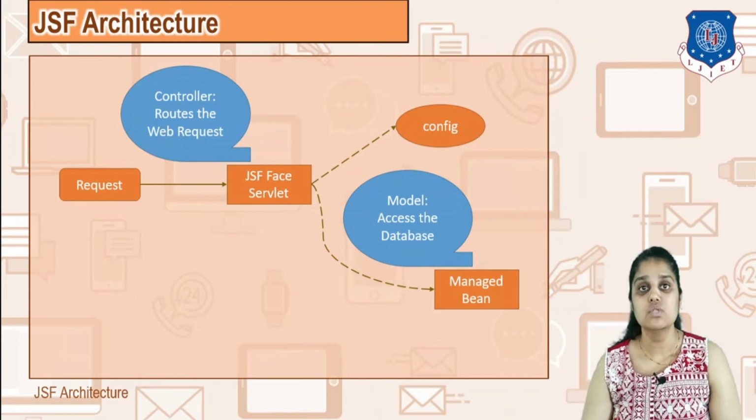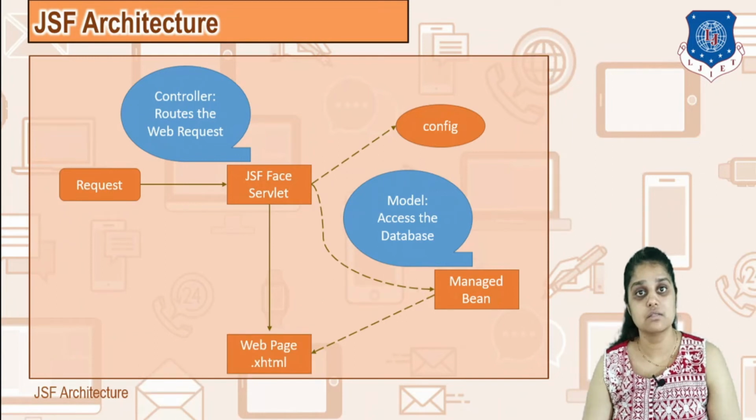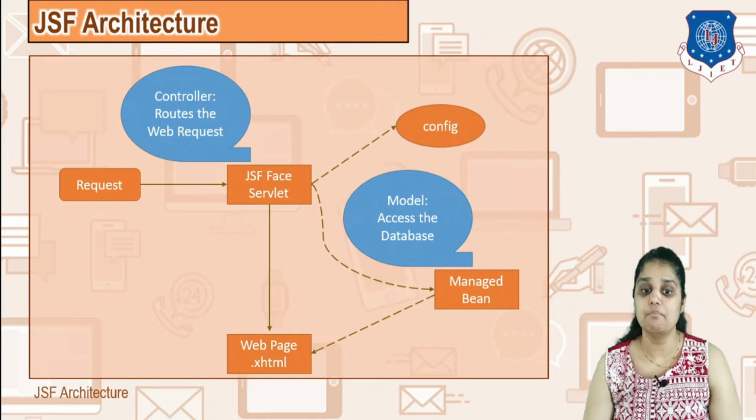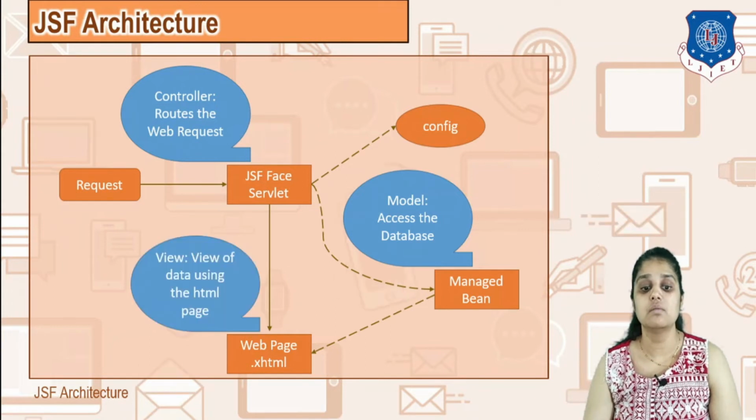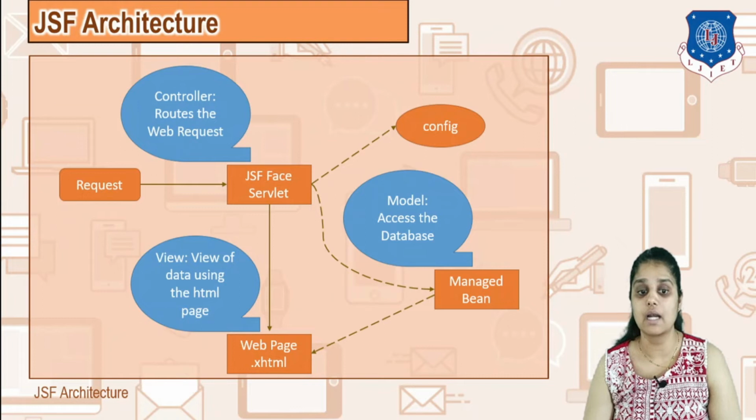Okay, now using these two files, the request from the Faces Servlet will be redirected to a web page, and this web page will be the view for a particular client. So this is the overall architecture and this is how your JSF is going to work.